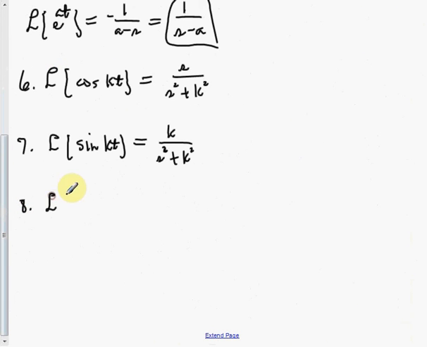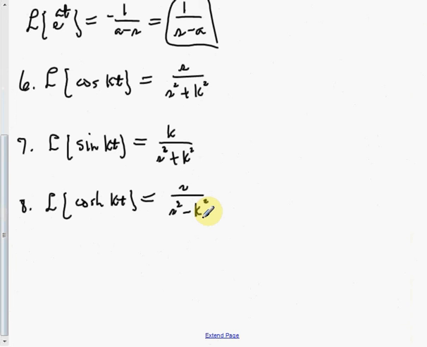Number 8, the Laplace transform of hyperbolic cosine kt. It looks like its counterpart for cosine, just the plus sign downstairs becomes a negative. So this is s over s squared minus k squared.